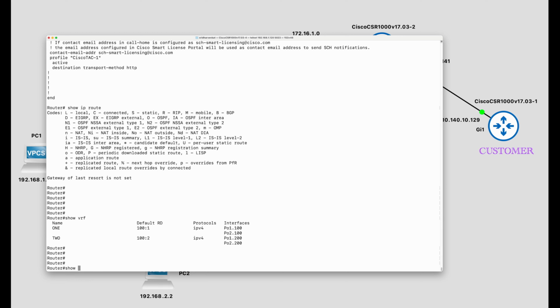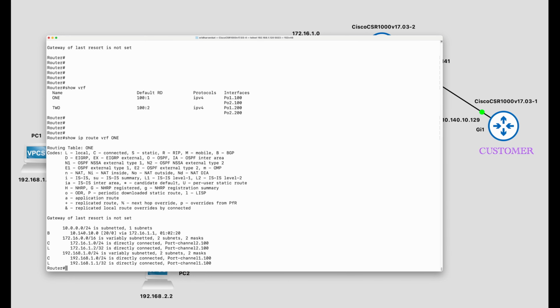Show IP route VRF 1, and it has the 10.140.10.0 network coming all the way from the customer into it. That is BGP all the way here, and everything else is kind of connected directly.